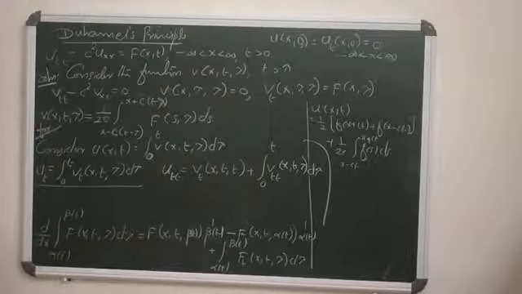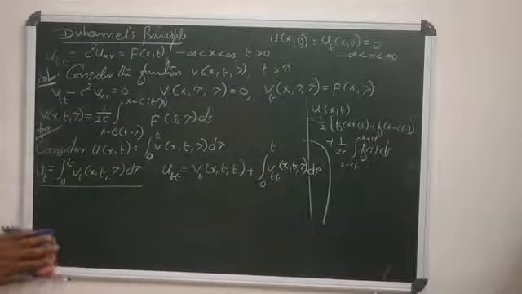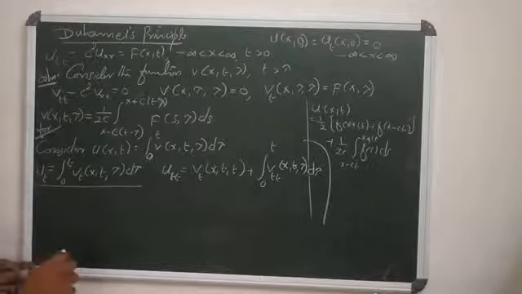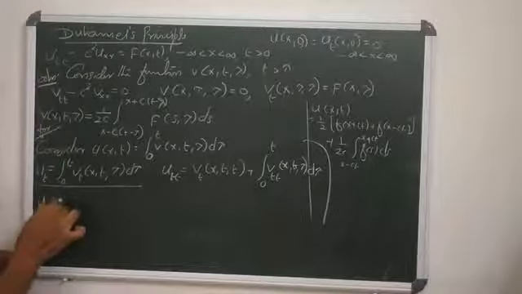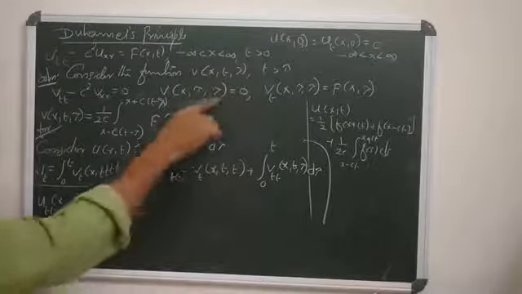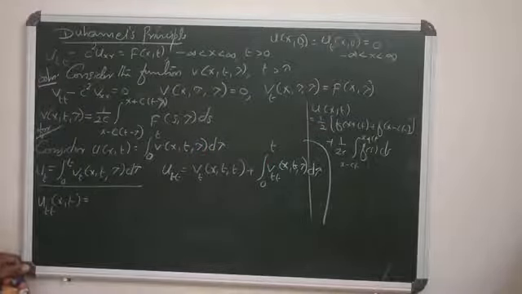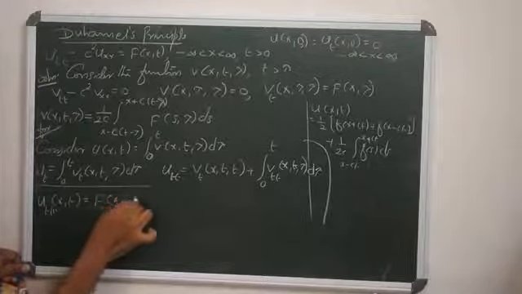So vt x tt plus integral 0 to t vtt x t lambda d lambda. Okay. So therefore what is utt xt? Here it is utt xt equals vt x tt. What is vt x lambda lambda? That is f of x lambda.